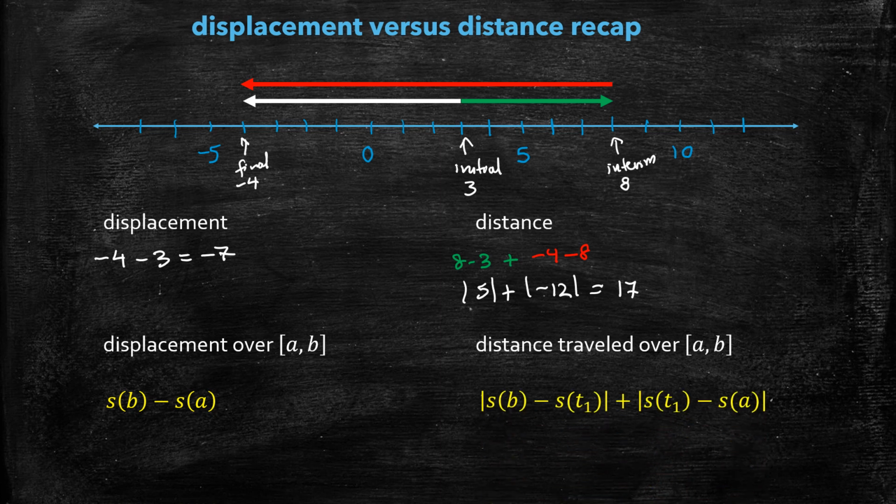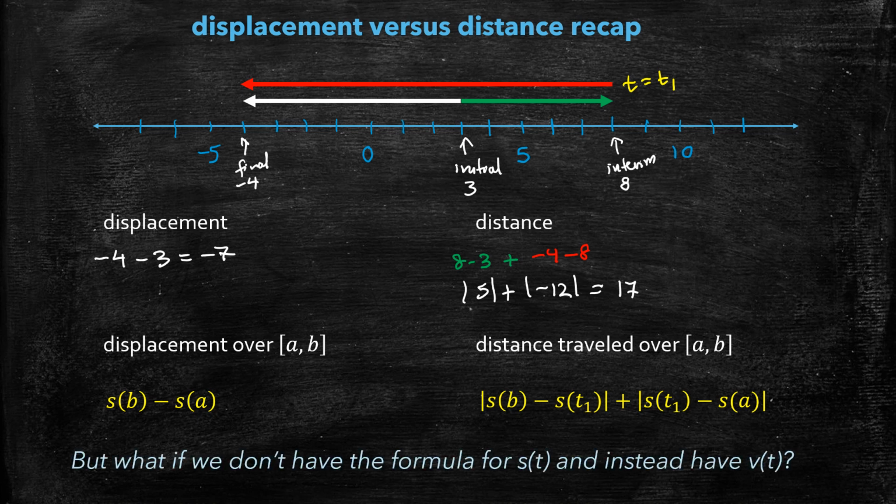So if the time at which you turn around is T1, then you would do the displacement between A and T1 and then T1 and B. And if you turned around more than that, you'd have to add more calculations to allow for every turnaround point.